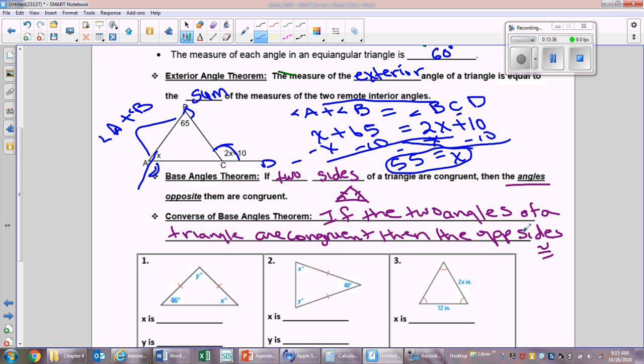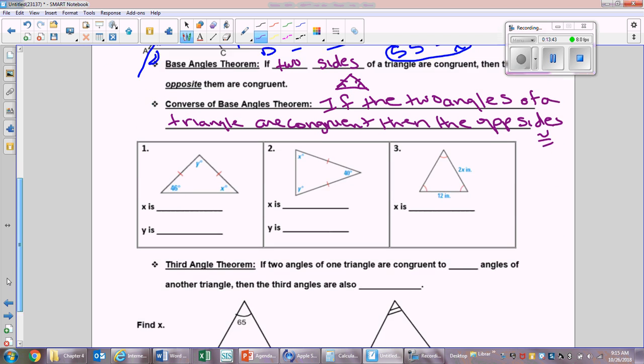Okay, so I'll show you what this means, and we have 3 examples here to represent it.